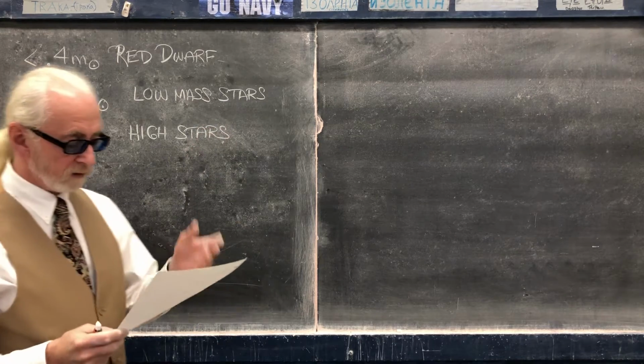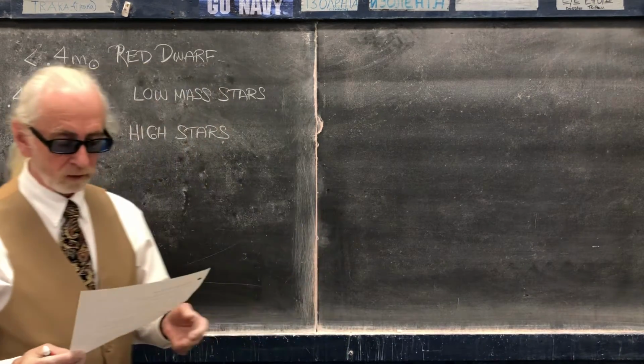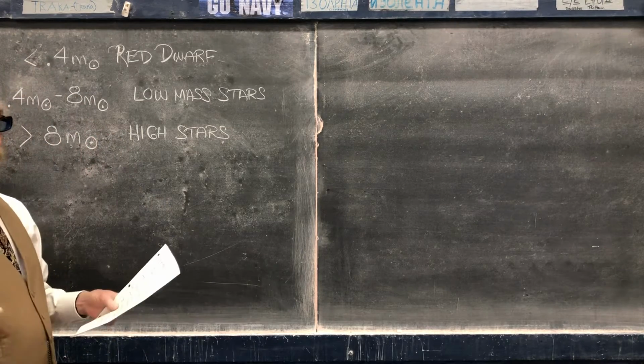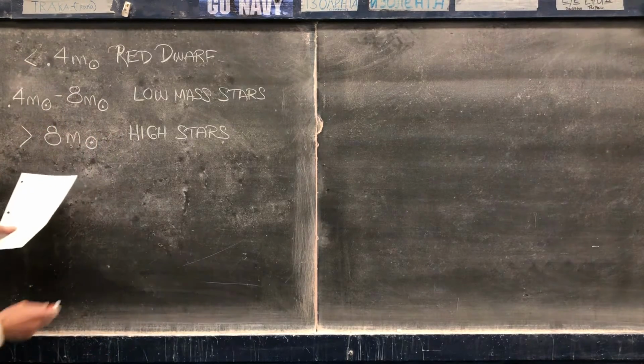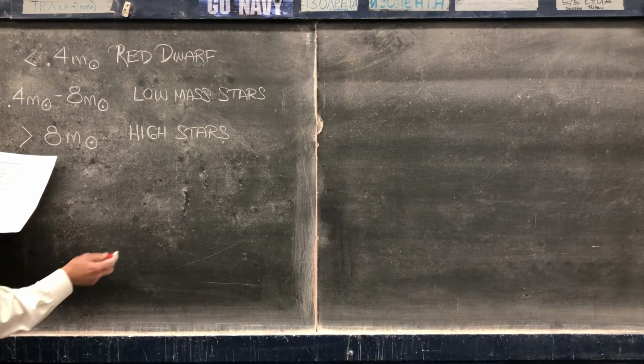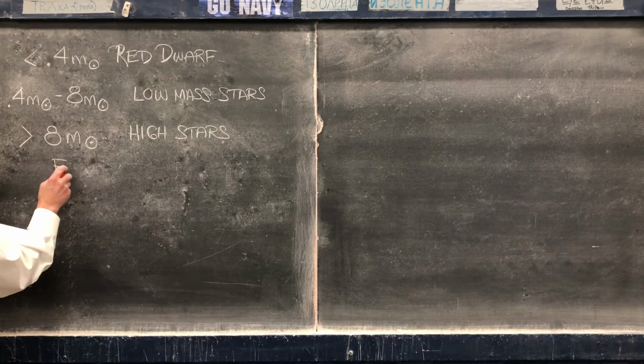So, just by way of review, let's look at red dwarfs for a second. We talked about this last time we met. In a red dwarf, the fusion process is limited to hydrogen.